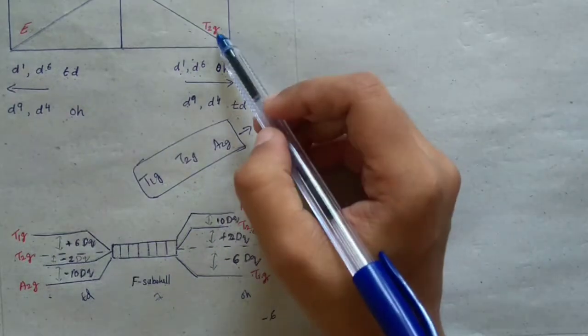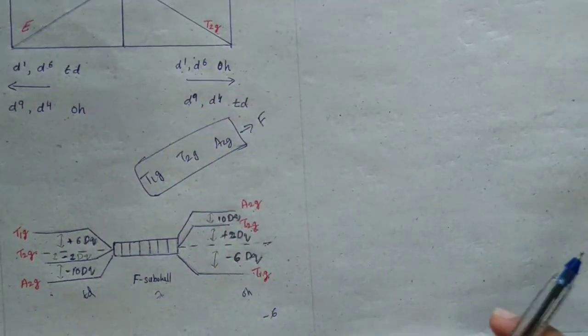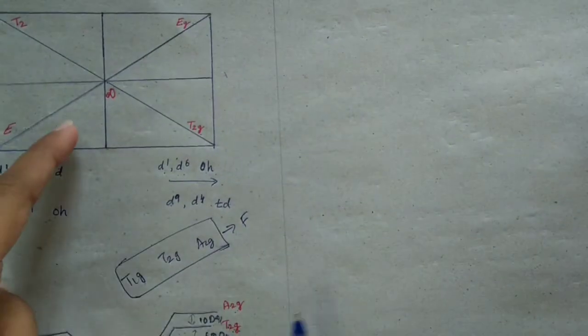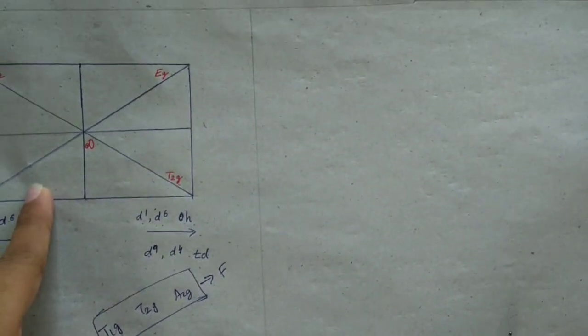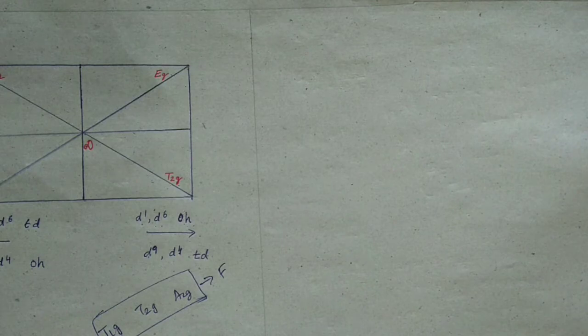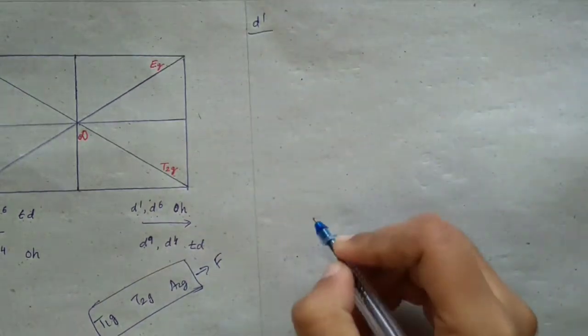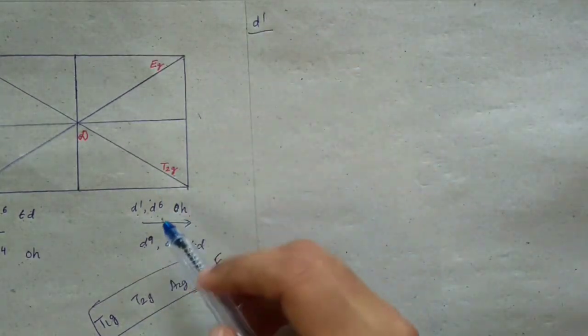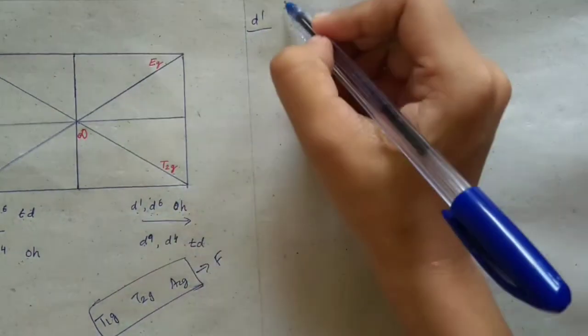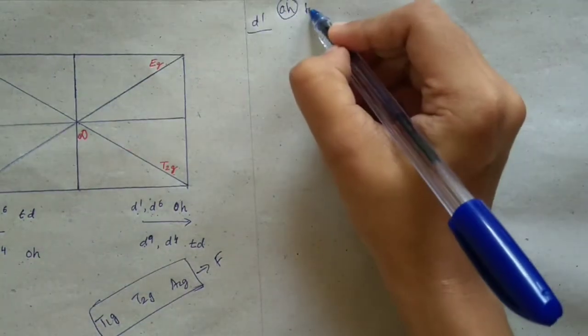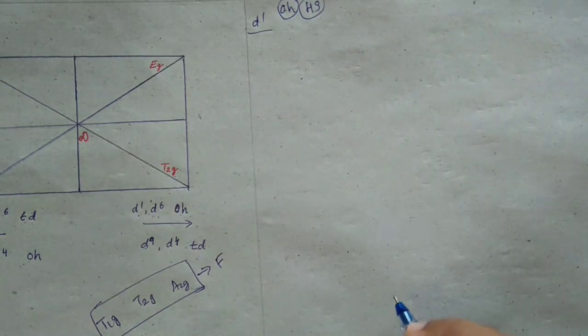So for D, what is T2g and Eg? Let's see the Orgel diagram of d1 to d10 configurations. First d1. We are taking the cases of octahedral complexes, that is high spin complexes.